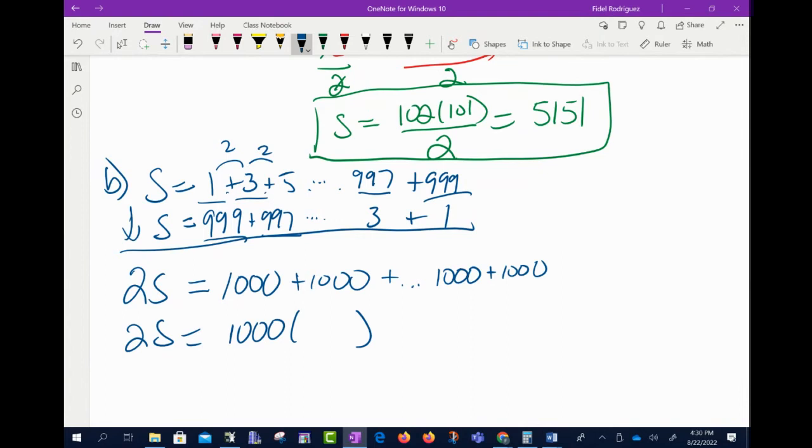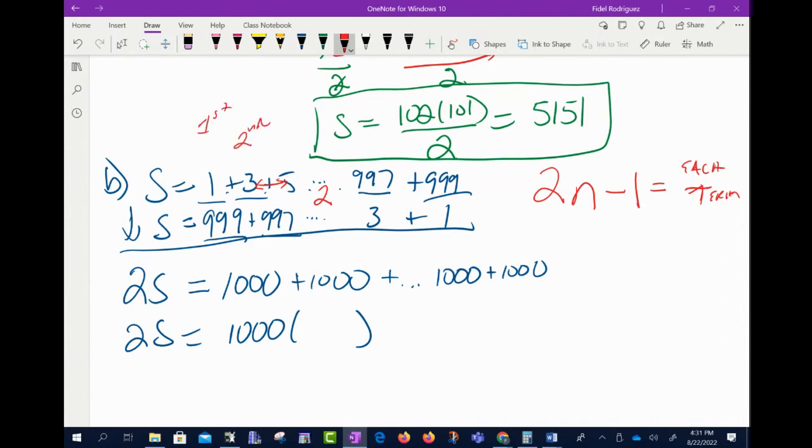Now, there's a way we can figure that out. The way we can figure this out is, now remember, we already said the difference between each of those numbers there is 2. So I'm going to show you guys a formula. It's going to be 2 times n minus 1. And that's going to give me the value of each term. Okay, let me show you what I mean by that. That's the first term.